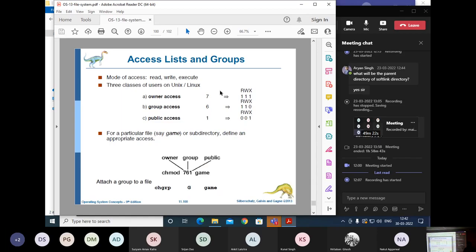For example, a name would be SW Lab group. It's basically a cluster of users, nothing more than that, created by your system admin. The third abstraction, whoever is not the owner and not in any group. Basically public.